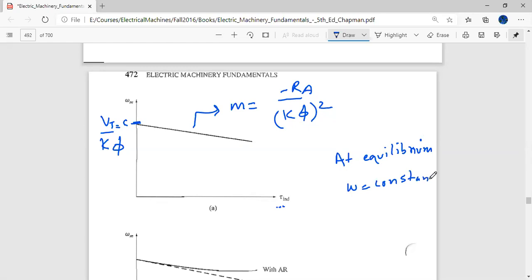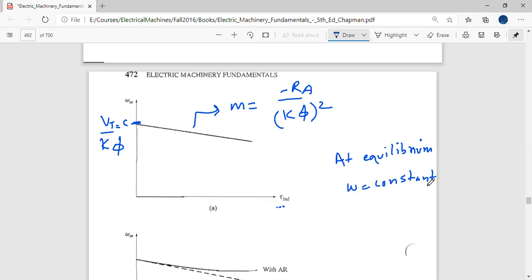It will not be experiencing any angular acceleration. Its angular velocity omega will be constant at equilibrium. What do I mean by equilibrium? Suppose you have the motor and you do not attach any mechanical load to it, so the machine will be running at its no load speed, and that no load speed will also be constant. It will not be increasing, it will not be decreasing.